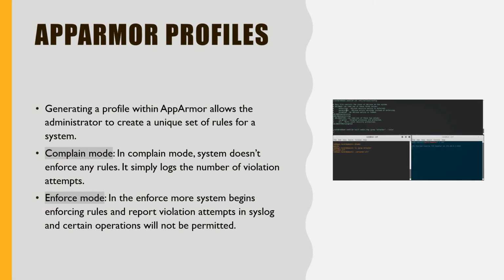I told you guys I was going to mention some more about the profile. So this slide is pretty self-explanatory for the most part. Generating a profile within AppArmor allows the administrator to create a unique set of rules that the system has to follow.